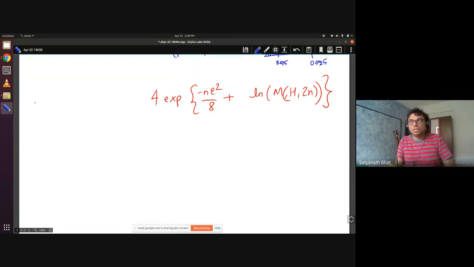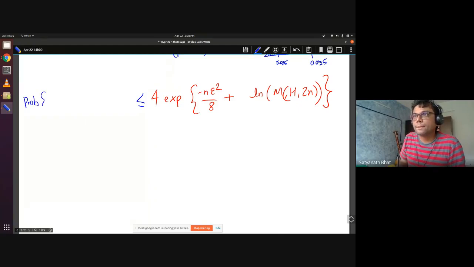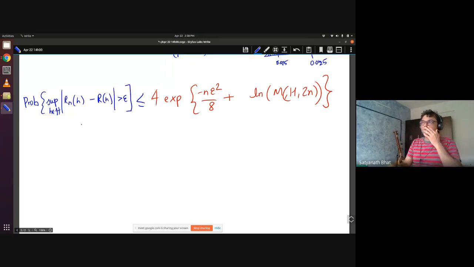So what do we have on the left hand side? We have the probability of the supremum over h belonging to H of |R_n(h) minus R(h)| greater than epsilon. This is the equivalent thing that we derived for the infinite case. So this is what we have so far.